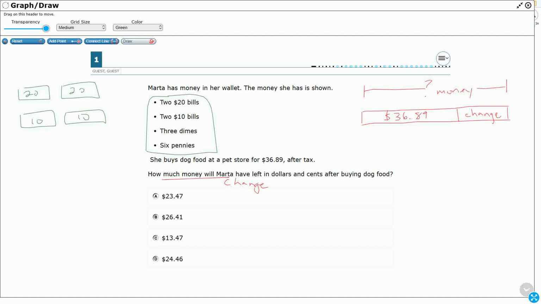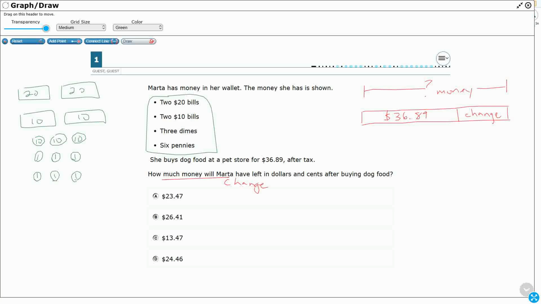Now we got three dimes, so I'm just going to put the value right there instead of a D. Dimes are worth 10 cents each. Now the difference is the $10 bills have the long rectangle, 10 cents just have the circle, represent the coin, and then 6 pennies. So I'll just put a 1, and we'll put that 6 times. All right, so that is my collection of coins right there.